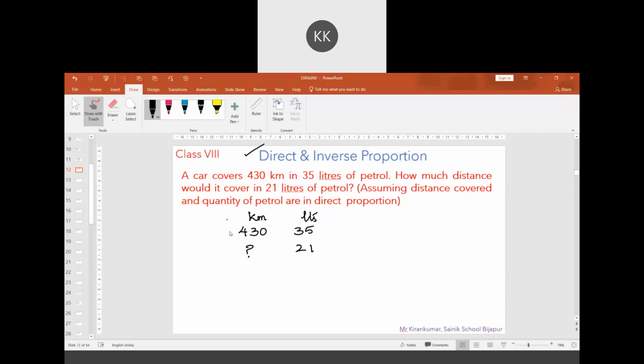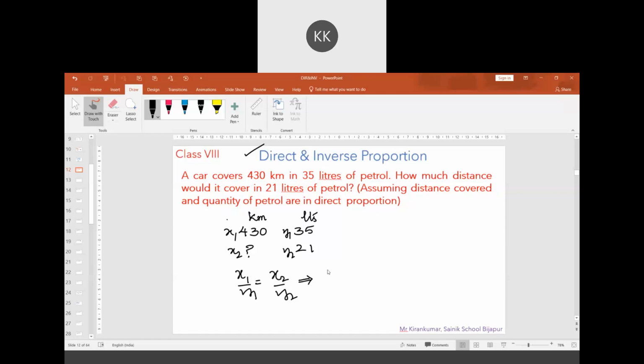If I mention this as x1 and x2, and this as y1 and y2, the ratio x1 by y1 will be equal to x2 by y2. So it's like a proportion, and as Piyush suggested, we can make use of the product of extremes and the product of means.